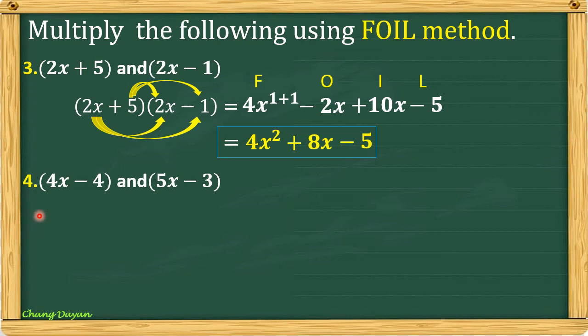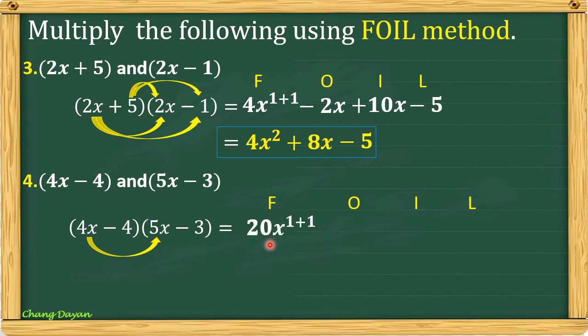Number 4. 4x minus 4 multiplied by 5x minus 3. Applying the FOIL method, 4x times 5x will get 20x raised to 1 plus 1. Then multiply the outer terms, which are 4x and negative 3, which can give you a product of negative 12x. Then multiply the inner term.